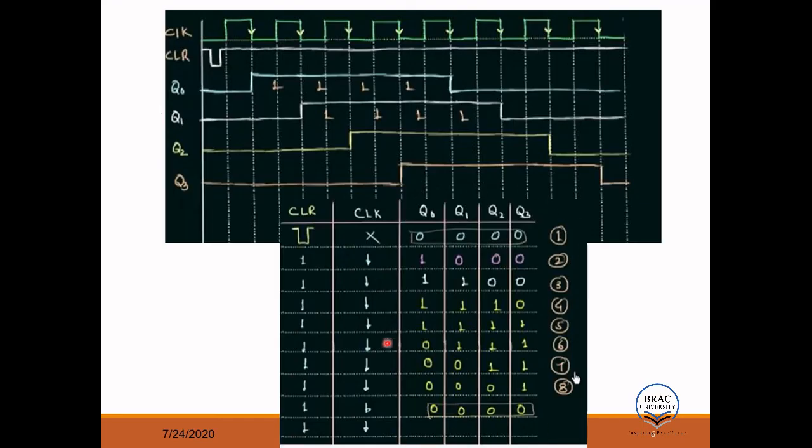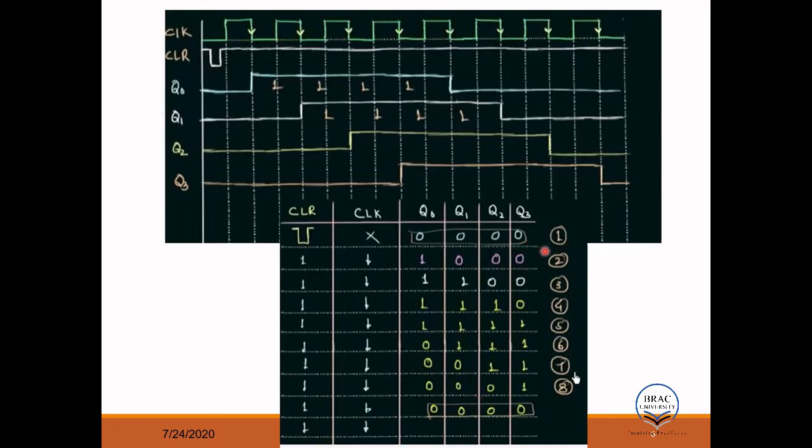So just look here, we have 4 flip-flops, 4 into 2, so 8 states, right? And it's not counting 0 to 15 or something like that, so it has a special kind of numbering. It's not following the sequence.